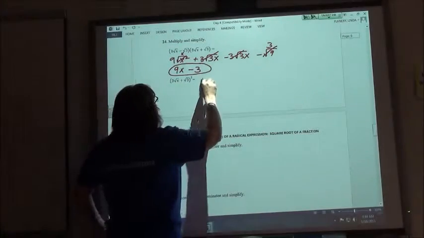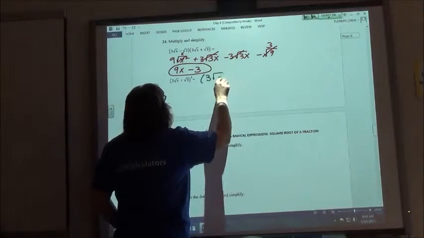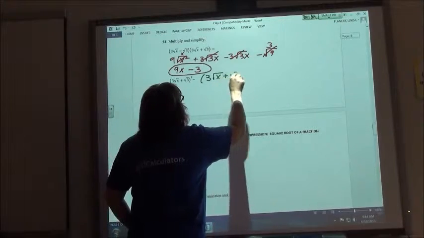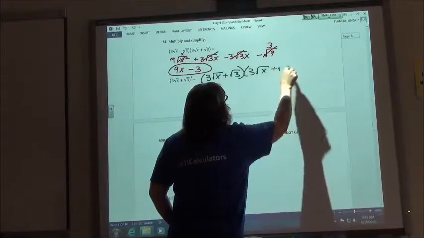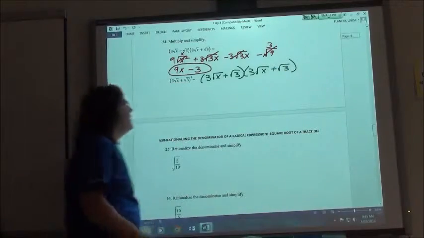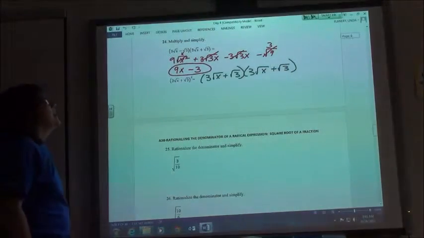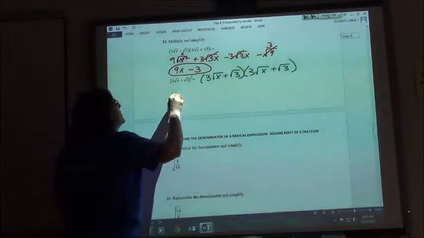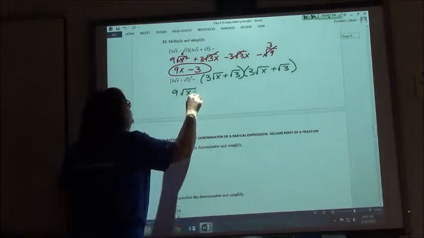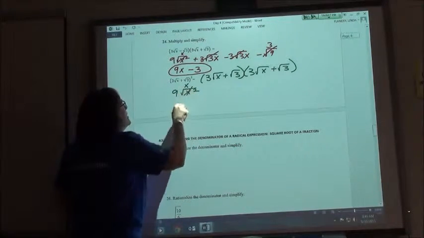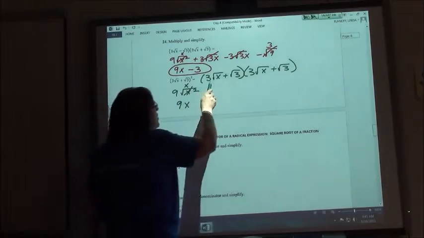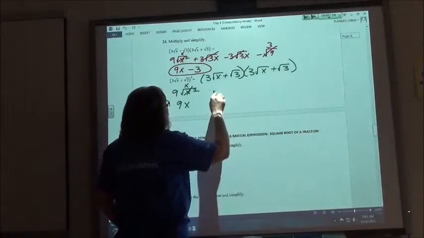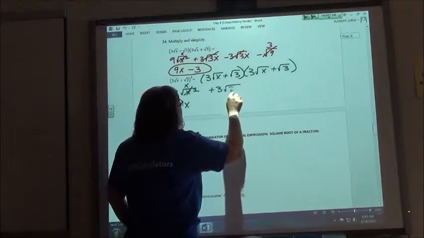And the last one here of these ones, we're going to take 3 square root of x plus the square root of 3 times 3 square root of x plus the square root of 3. 3 square root of x times 3 square root of x is 9 square root of x squared, which simplifies into 9x. 3 square root of x times the square root of 3 would be 3 square root of 3x.